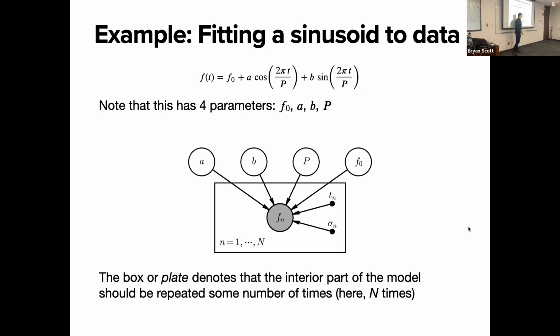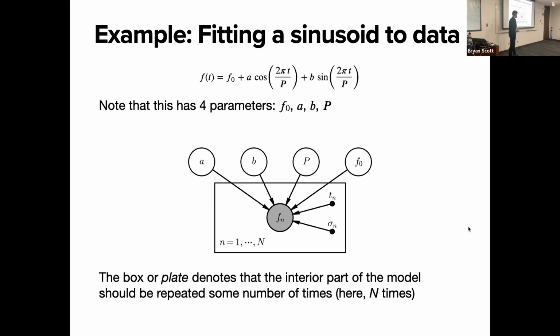Why is there a rectangle? This is called a plate in the language of graphical models. It indicates that you have to repeat whatever is inside of this plate some number of times. As a convention, you often see something like n equals 1 to capital N, to tell you how many pieces of data are contained within the plate.